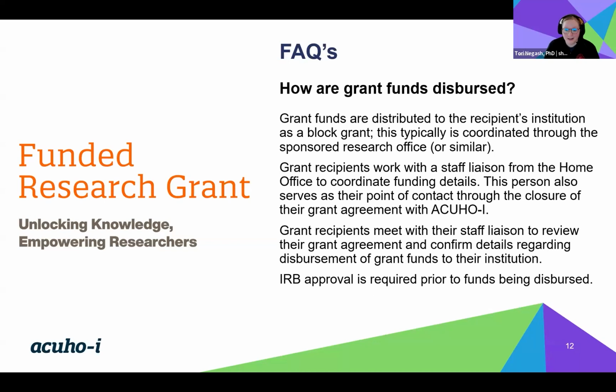At the very beginning, once you're notified that you've been selected to receive funding, we would meet to review your grant agreement, answer questions, and confirm details about where the grant funds should be distributed at your institution. And as I said before, IRB approval would be required before we would distribute those funds.